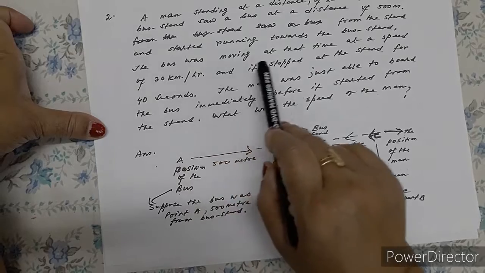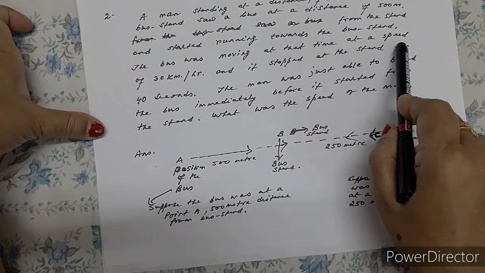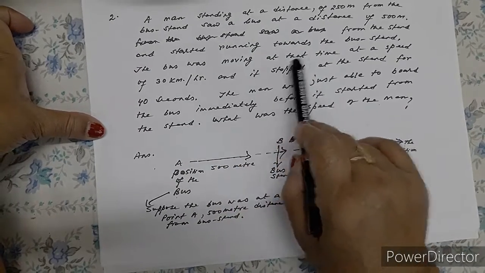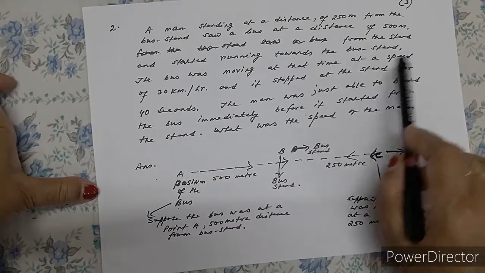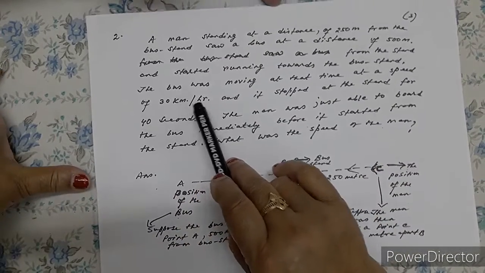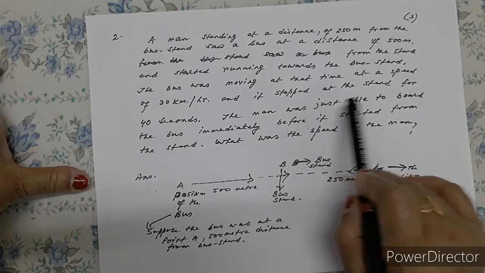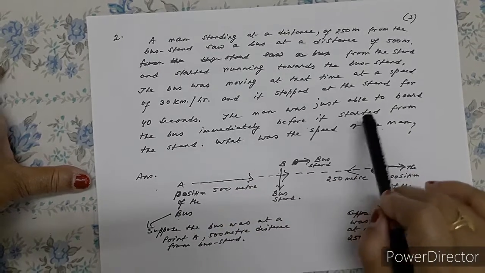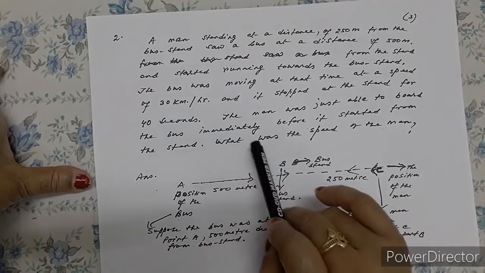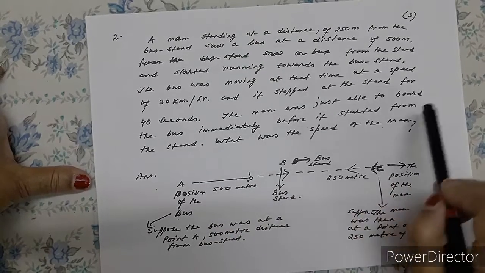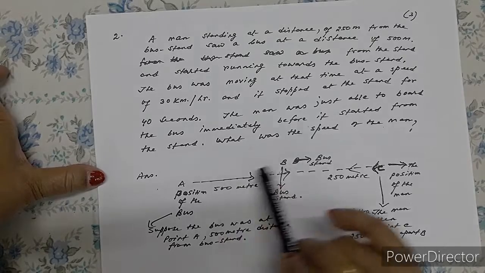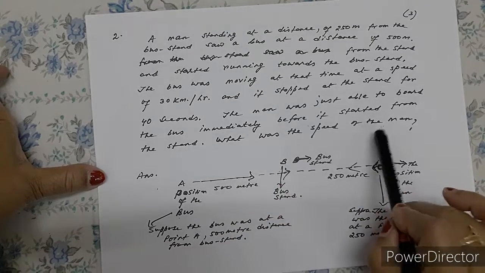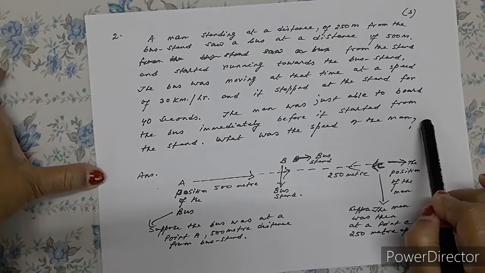The bus was moving at that time at a speed of 30 km per hour and it stopped at the stand for 40 seconds. The man was just able to board the bus immediately before it started from the stand. What was the speed of the man?